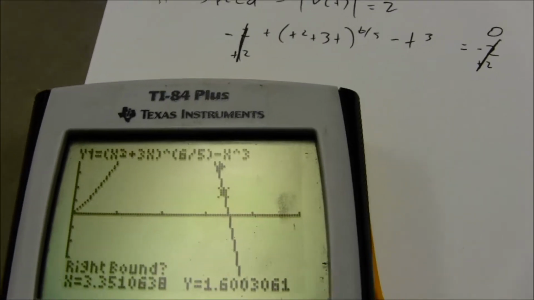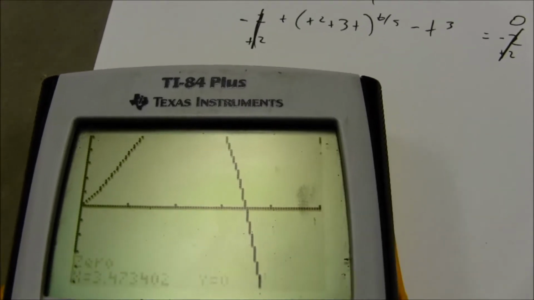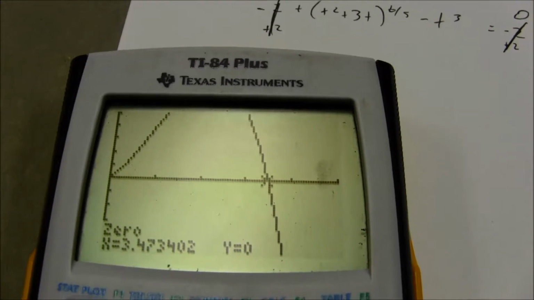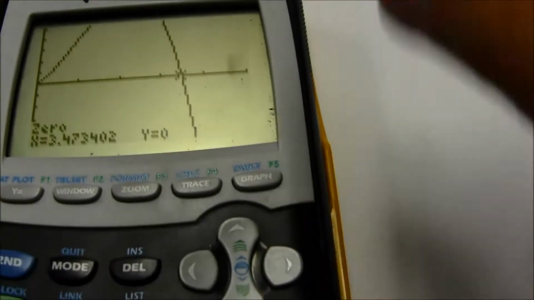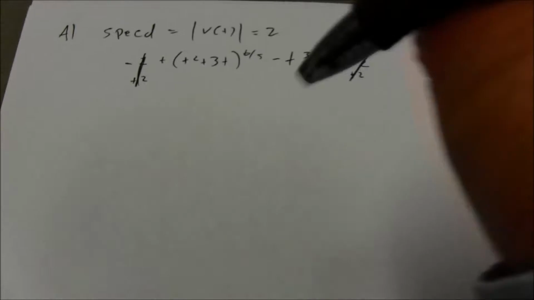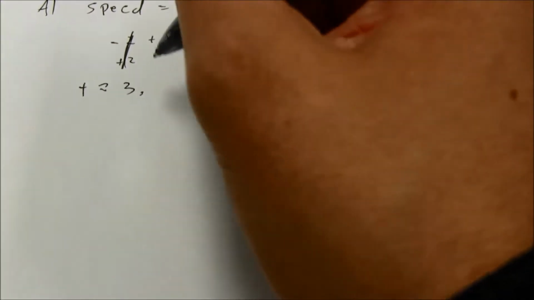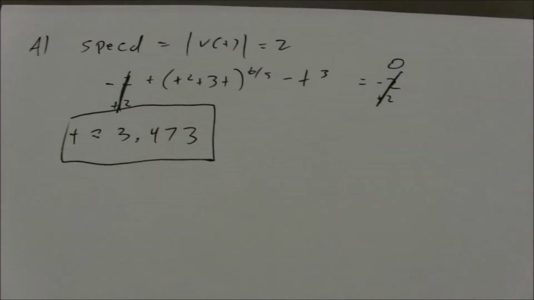I'll click to the left of the 0 of the function, and I'll click to the right, hit enter on guess, and it tells me here that that is approximately 3.473. Remember, in AP you go around to 3 or more decimal places, so my t value there is approximately 3.473, and they didn't give me units for time, so it should be done at that point.